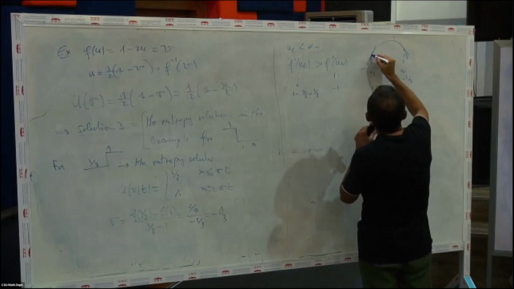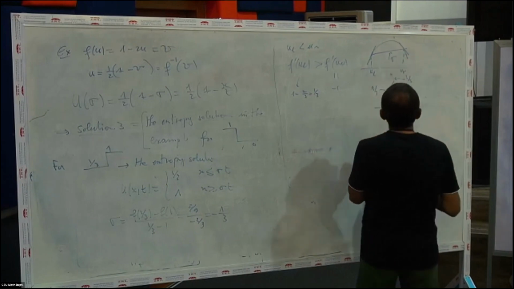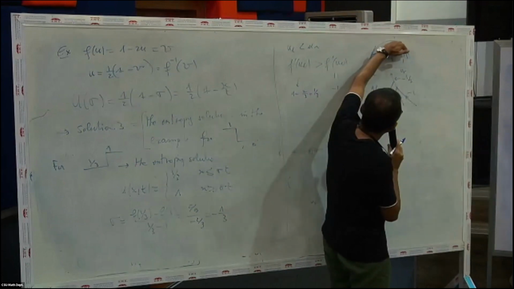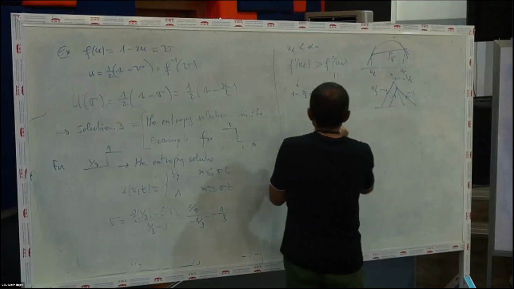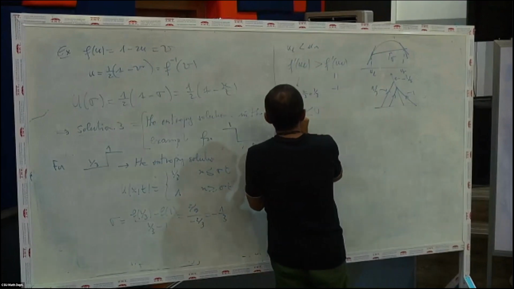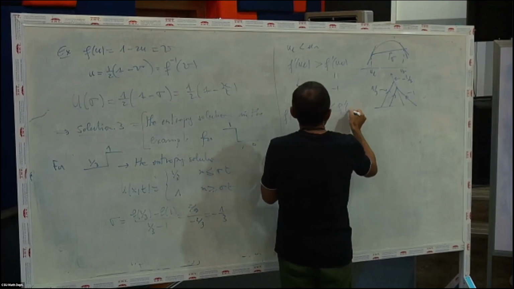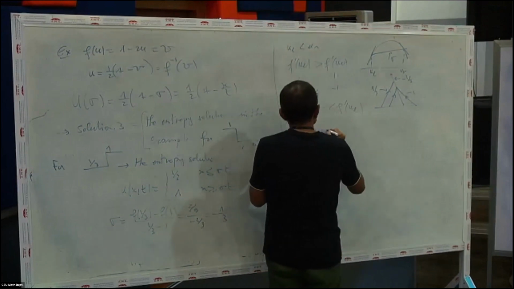The speed is the slope of this function, sigma. So sigma is bigger than this derivative, in this case negative, but less than this one. So sigma is between f prime of UR and f prime of UL. And this is called the Lax entropy condition.